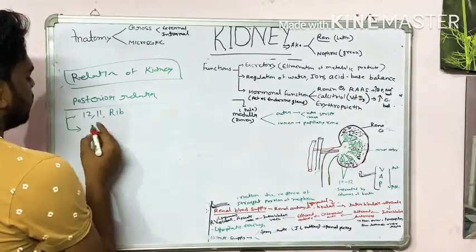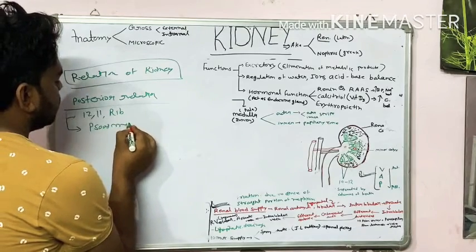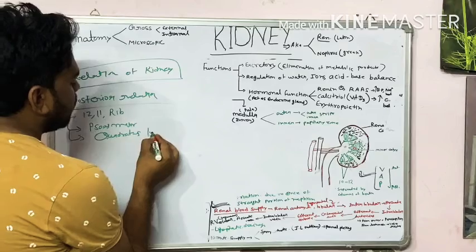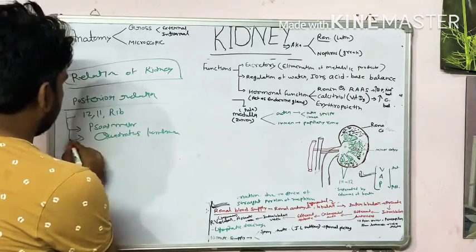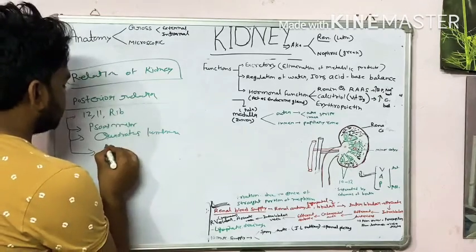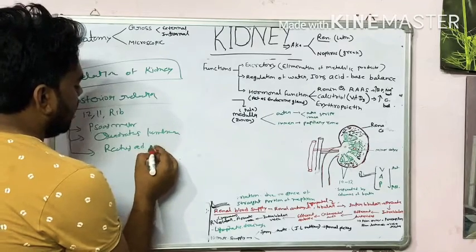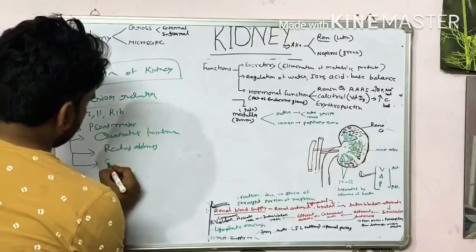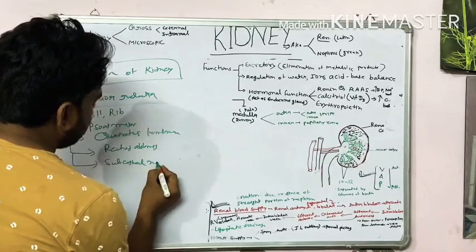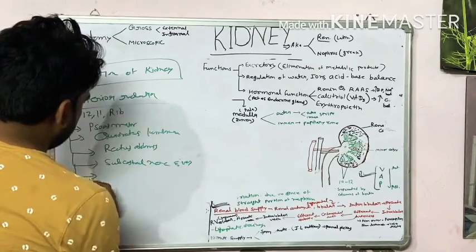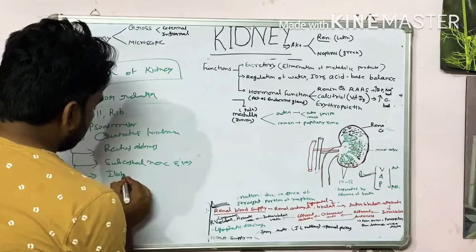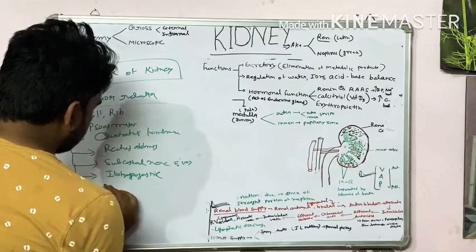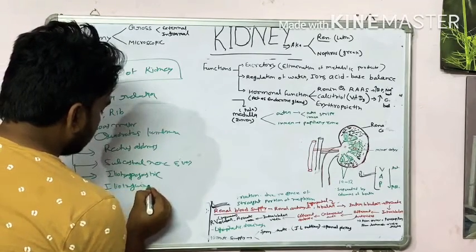Now muscles: psoas major, quadratus lumborum, rectus abdominis, then the subcostal nerve and vessels, then iliohypogastric nerve, then ilioinguinal nerve.